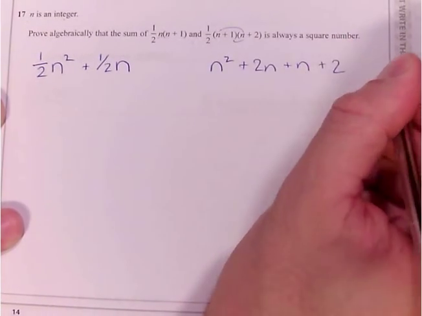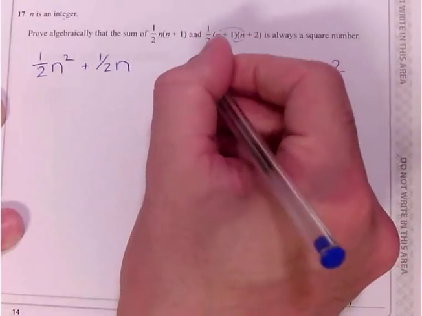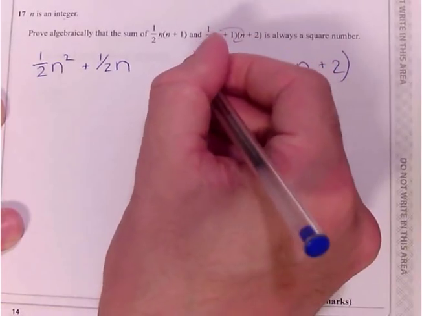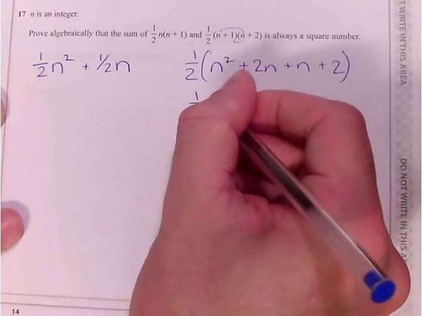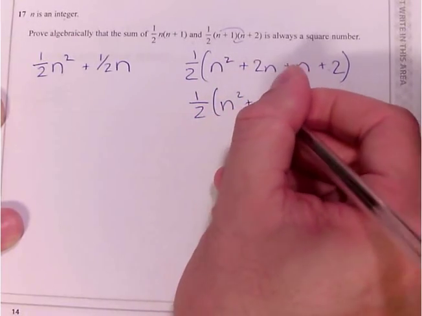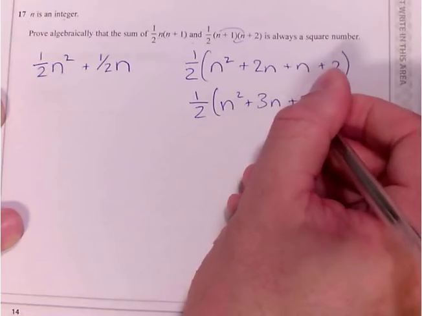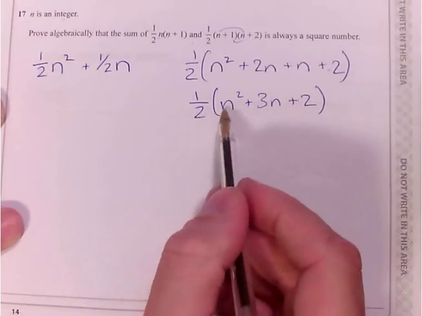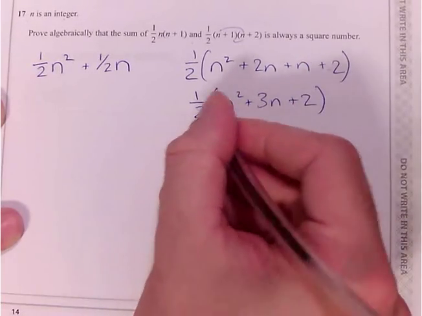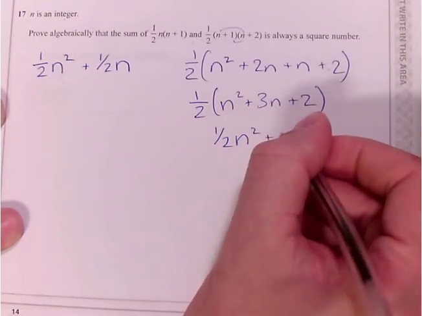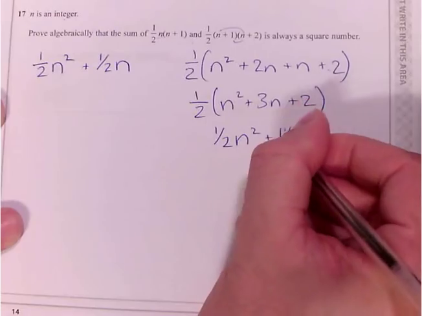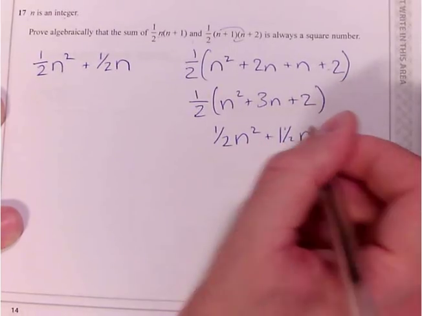Now remember, there's a half outside it, so I'm just going to put brackets there, put that half back there. Simplifying this down would be a half n squared plus 3n plus 2. And that means a half times all of that. A half times n squared would be a half n squared. Half times 3n would be 1.5n. And a half times 2 would be 1.